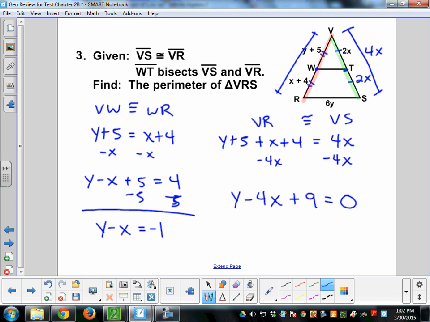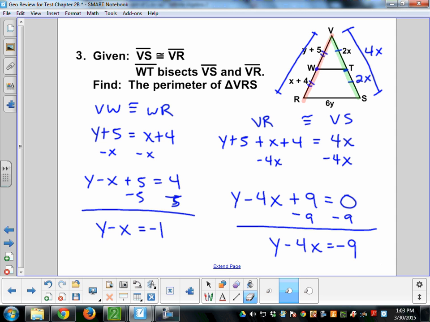Now that equals 0 on that right side if I subtract 9. Hopefully you caught that. 1 minus 4 is -3.